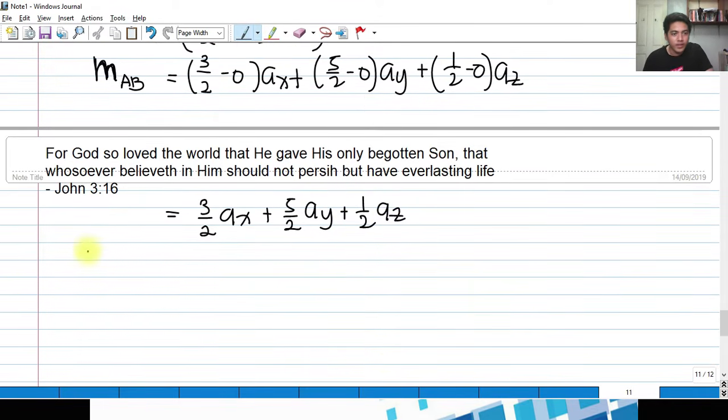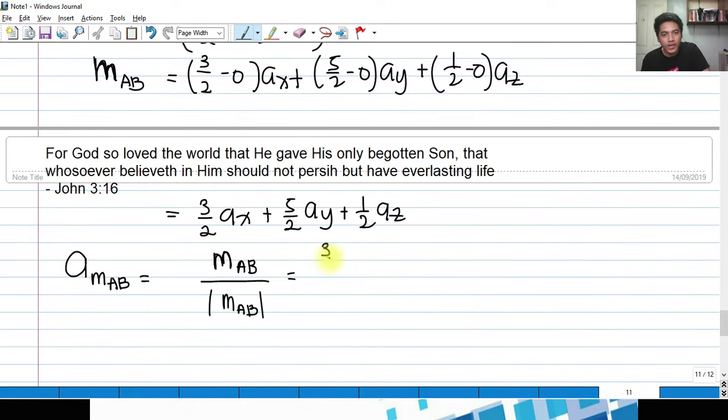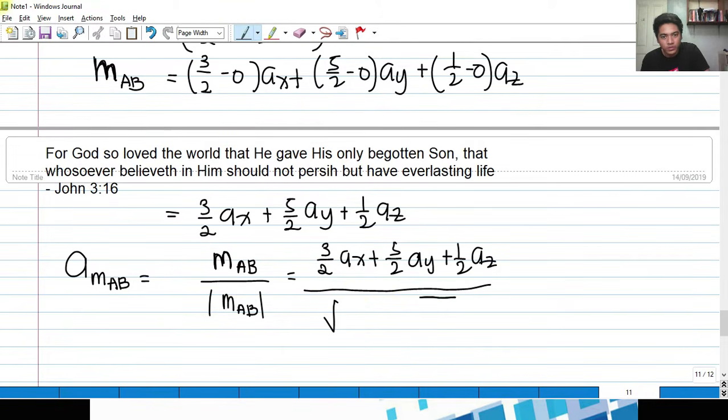And if we're going to get the unit vector in the direction of the midpoint of A and B, we have the vector of the midpoint of A and B over its magnitude. So we have 3 halves a sub x plus 5 halves a sub y plus 1 half a sub z, divided by the magnitude.